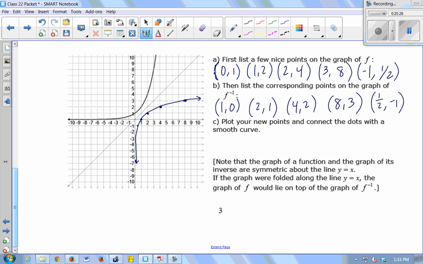It's that diagonal line y equals x that I have drawn in there. That's the mirror, the line of symmetry. So the graph of a function and the graph of its inverse are symmetric about the line y equals x. And if the graph were folded along that line, the graph of f would lie on top of the graph of the inverse.